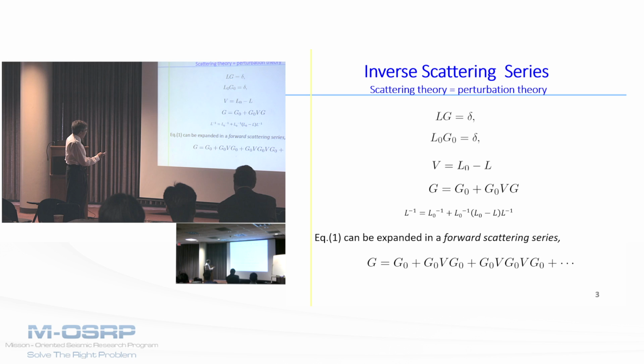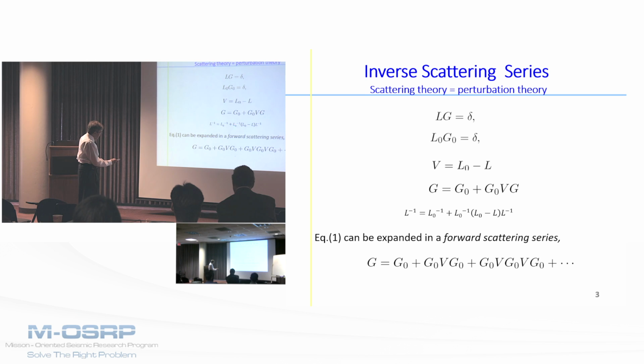In other words, if you want G, it's like L inverse. So in the sense I just mentioned, this is L inverse, this is L0 inverse, this is L0 inverse, V is L0 minus L, and this is L inverse. And you can see that this is true because you put this and this, you get 1, L0 minus L cancels this, you get this and this, you get 1, and you get L inverse, matches.